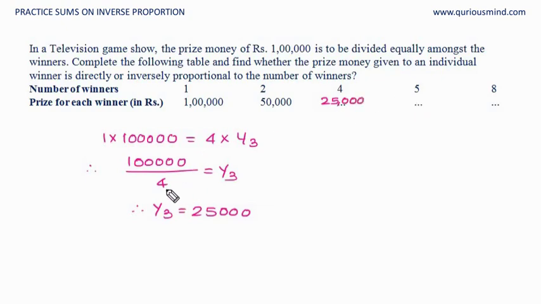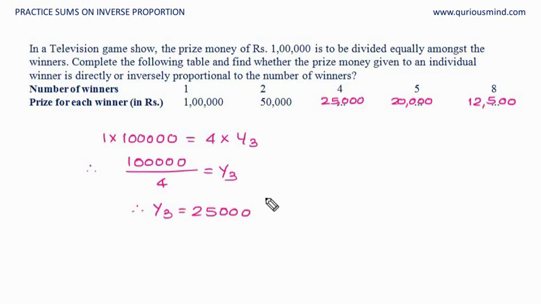For 5, we'll divide by 5 and that will come to 20,000. For 8, we will divide by 8 and that will come to 12,500. And yes, they are all inversely proportional.